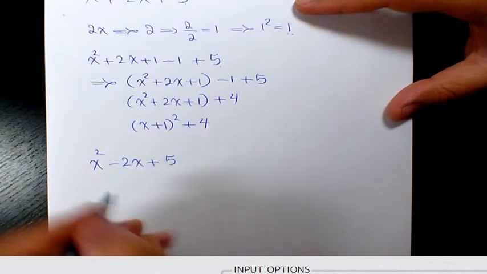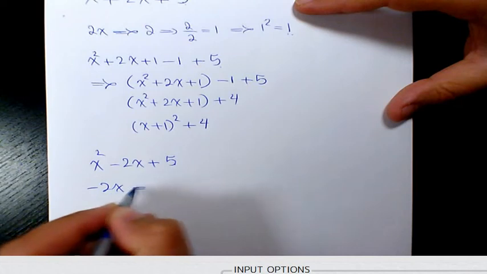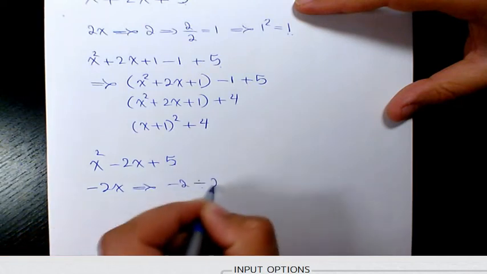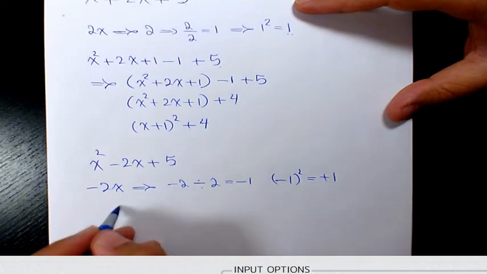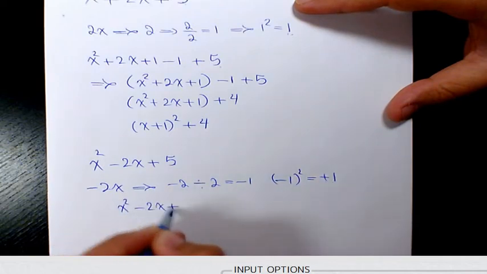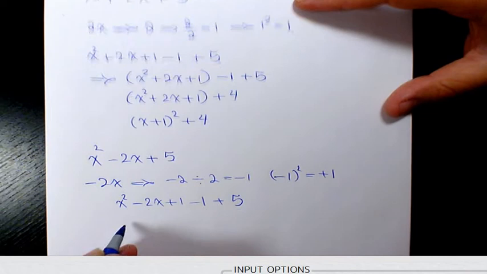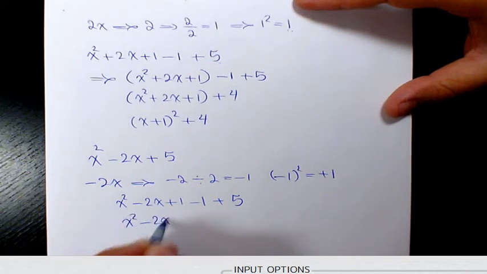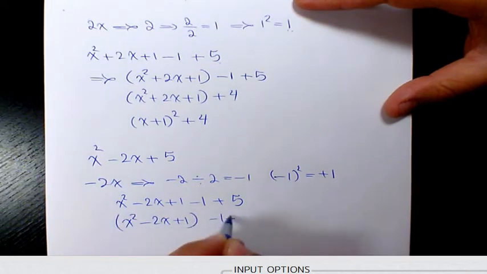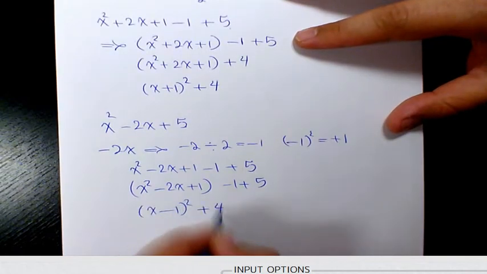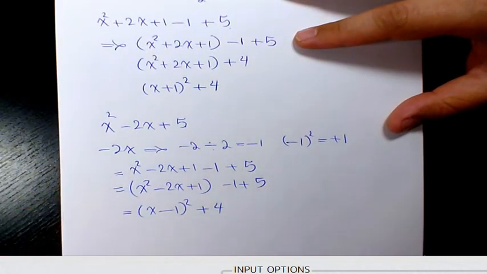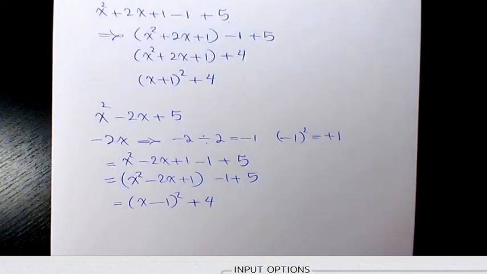What should we do now? It's negative 2x. Negative 2 divided by 2 is going to be negative 1. Negative 1 squared is going to be positive 1. So we have x squared minus 2x plus 1 minus 1 plus 5, which is going to be x minus 1 squared plus 4. So that's called completing the square.